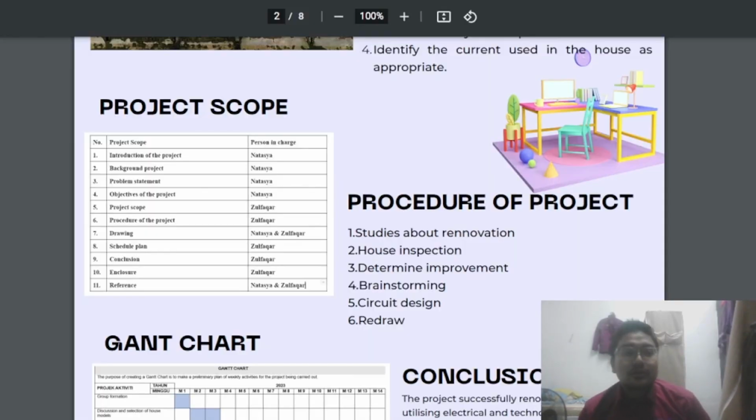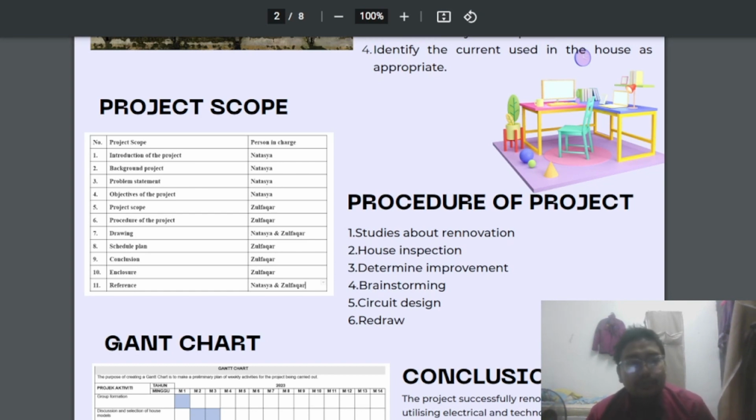Okay, my name is Muhammad Zulfaqar bin Zamri, matrix number DB 210074. So we proceed to the project scope. Project scope, we have 11 scopes that we must fulfill. First, introduction of the project for Natasya.